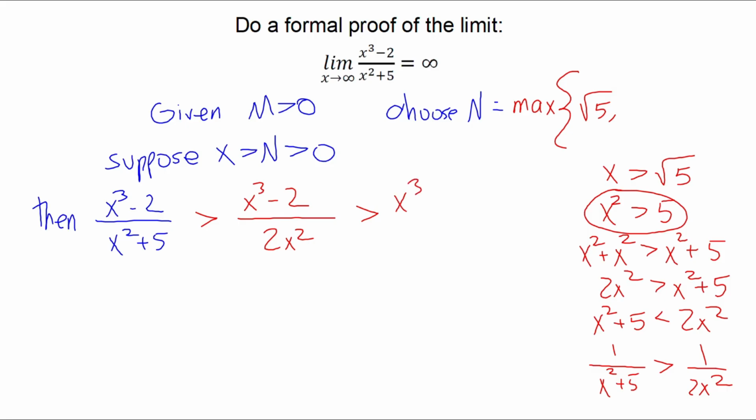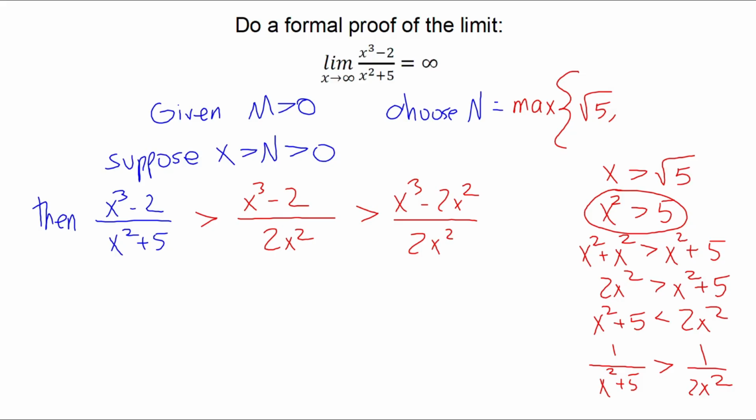So if I had x cubed minus 2x squared over 2x squared, then I would definitely have a smaller thing there because I've made that numerator a lot smaller, because I'm subtracting a bigger thing. I'm subtracting 2 times something that's more than 5 rather than just subtracting 2 from that numerator. So x cubed minus 2 is a lot more than x cubed minus 2x squared when x squared is greater than 5.